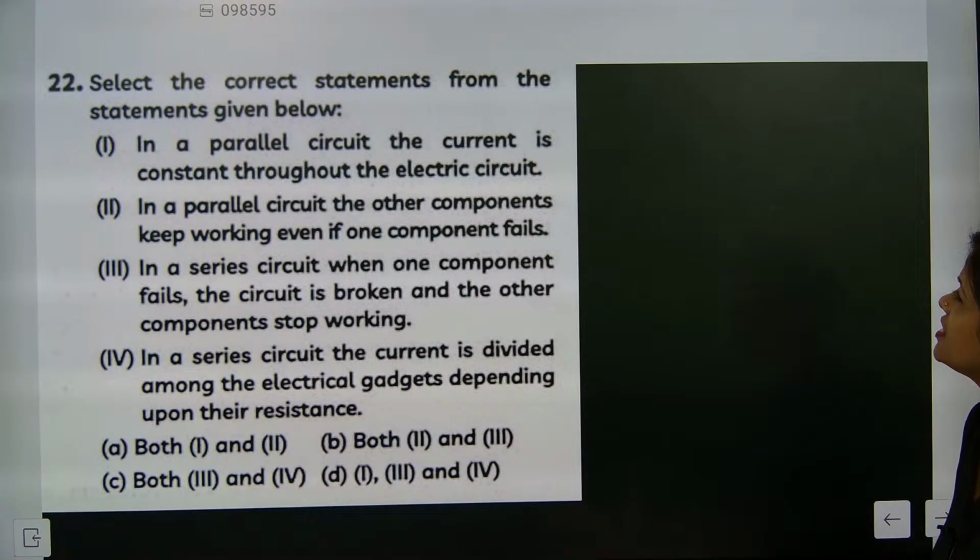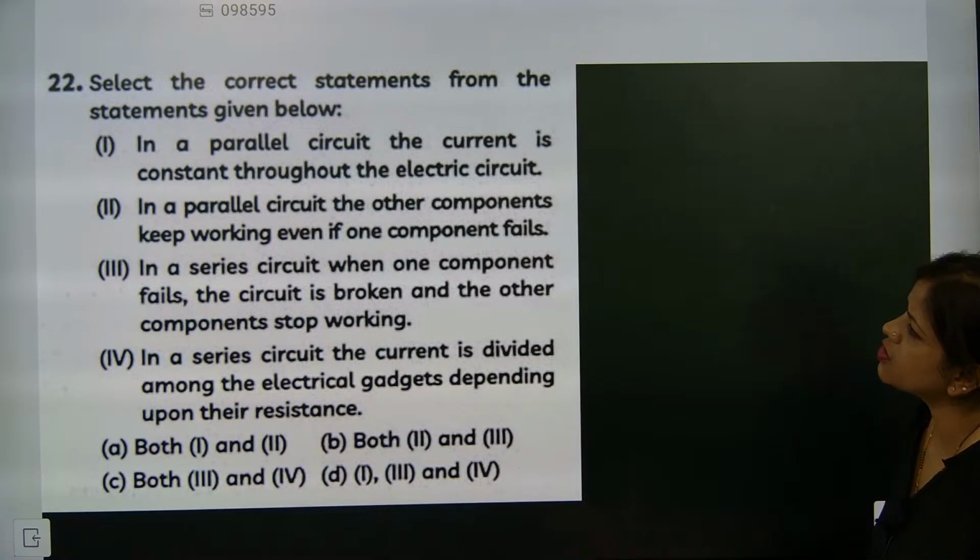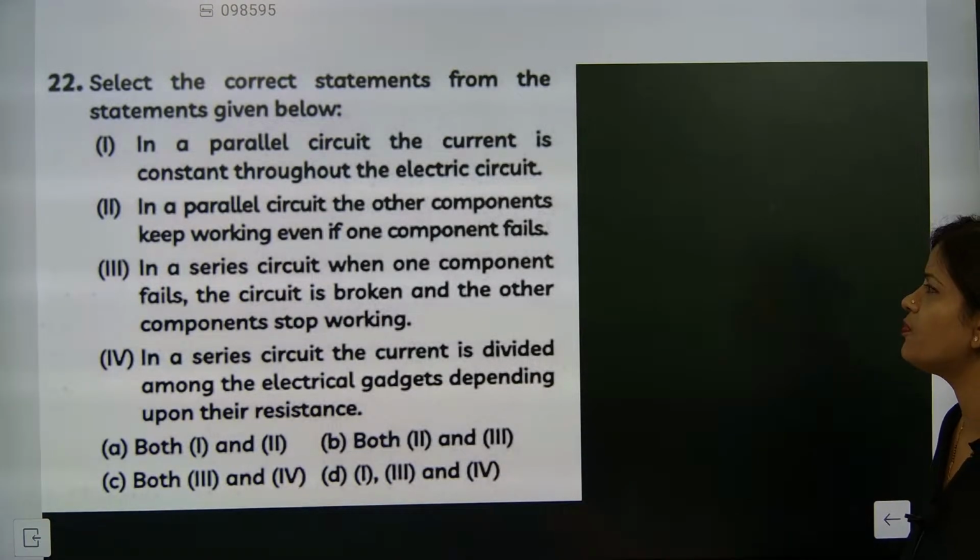In a parallel circuit, the current is constant throughout the electric circuit. That is not correct. In parallel, the other components keep working even if one component fails. That is true. In a series circuit, if one component fails, the circuit is broken and the other components stop working. So two and three are correct.